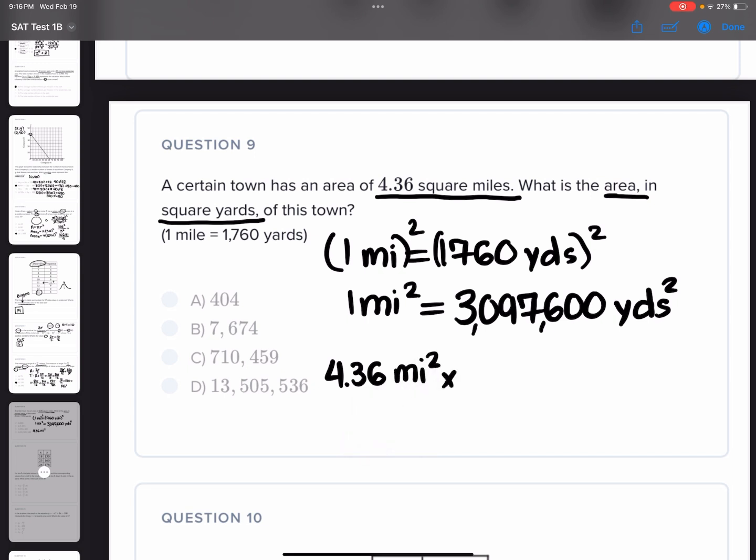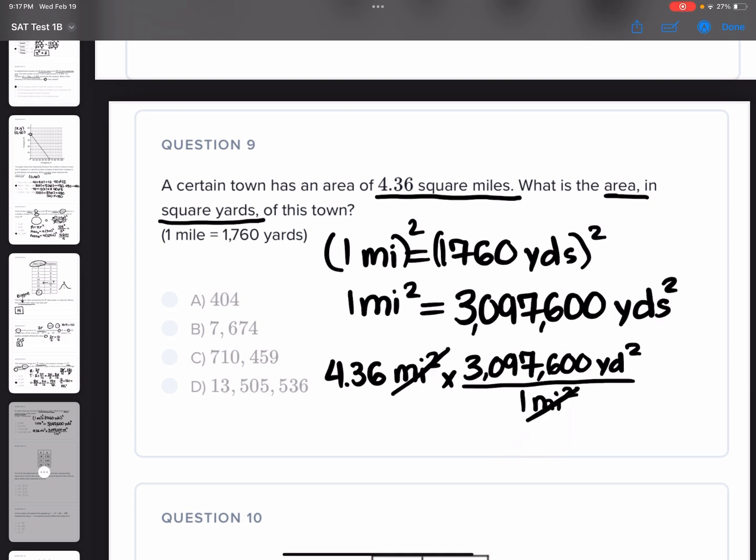We can multiply this by the proportion that we just came up with: 3,097,600 yards squared over 1 mile squared. 1 square mile.